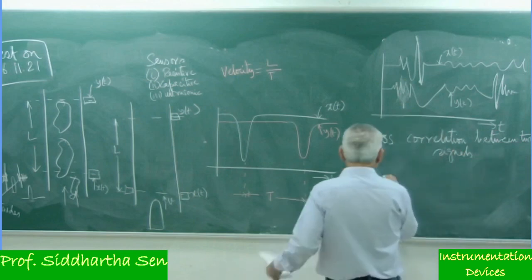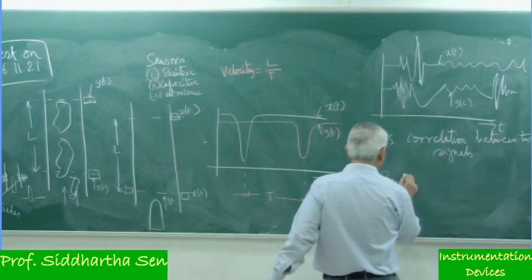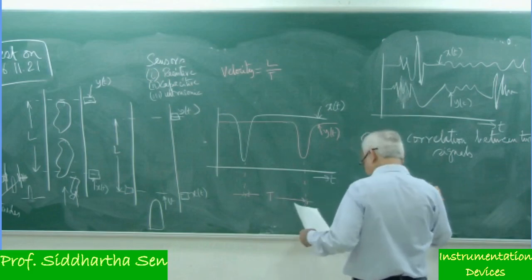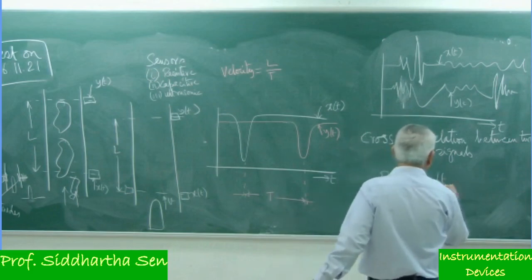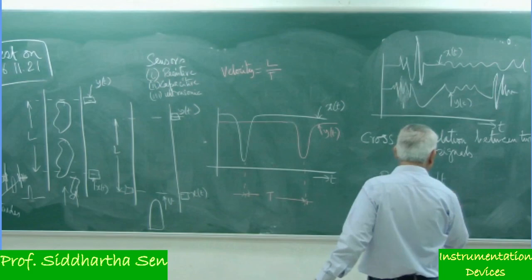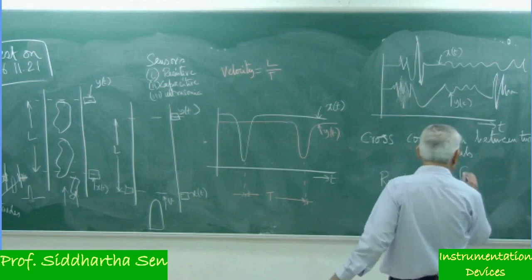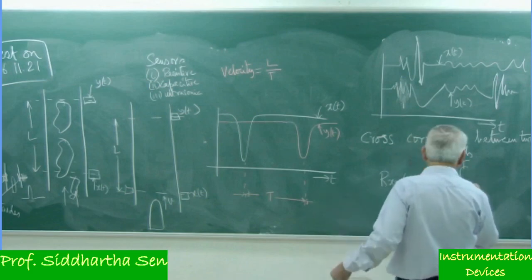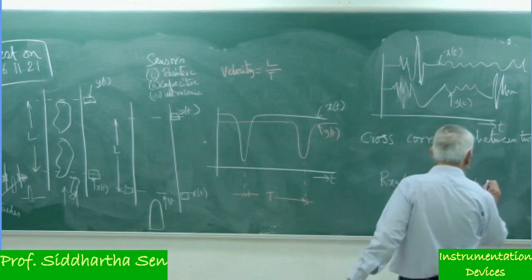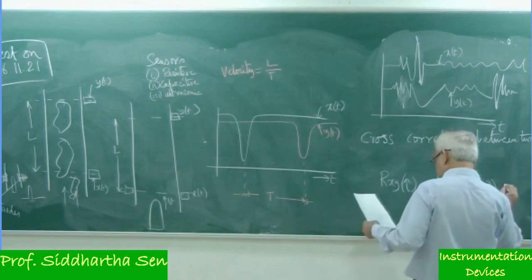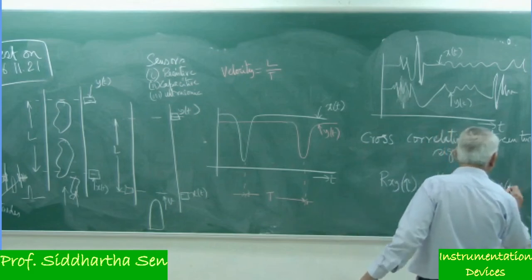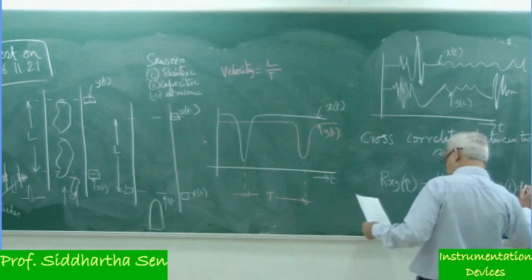It is R_xy of tau equal to the limit as T tends to infinity of 1/T times the integral from 0 to capital T of x(t minus tau) into y(t) dt.